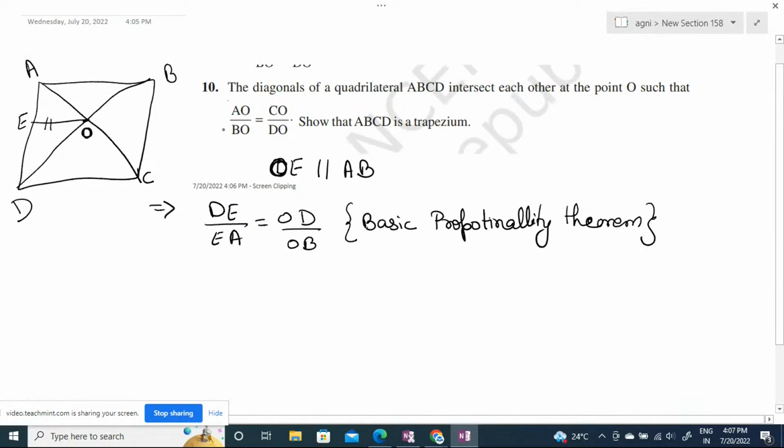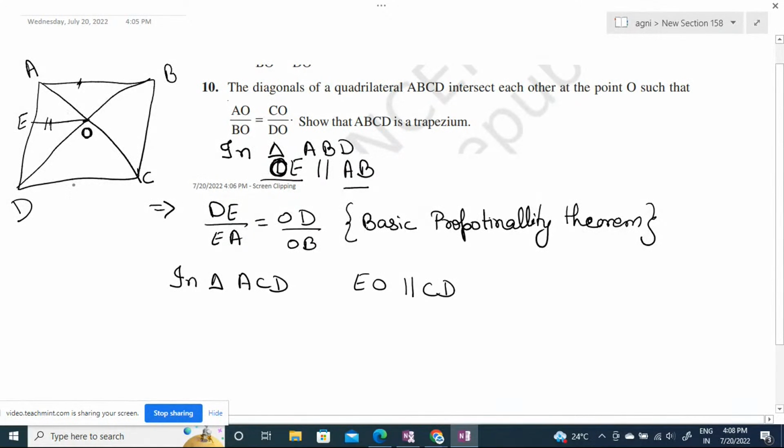Now similarly, I will take this in triangle ABD, because we take OE and AB. Now in triangle ACD, EO is parallel to CD.